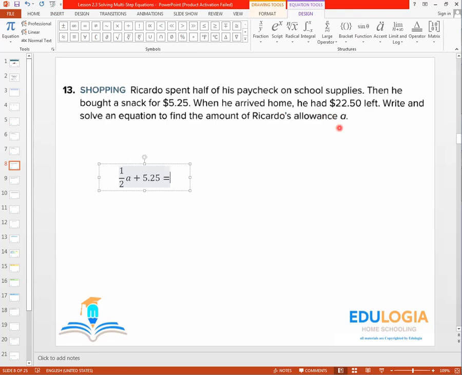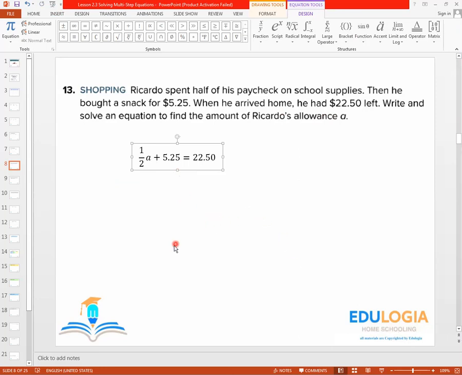Okay, so the result is 22.50, no problem. You can write it anyway. Okay, I formed already the equation. Half A plus 5.25 equals 22.50. How can I solve it?